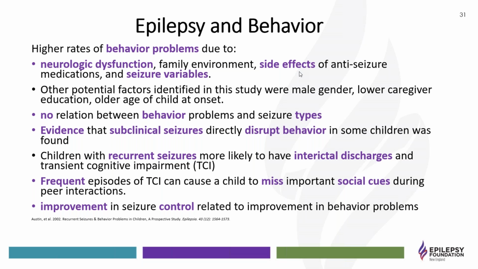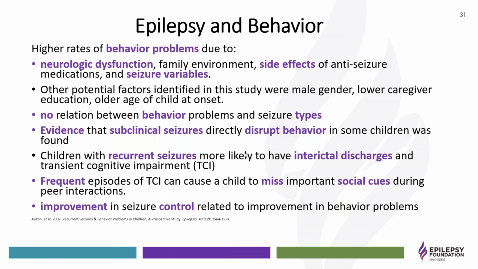So they're called subclinical because they're not presenting in the body outwardly, but the brain is still not at a baseline. It's not optimal at all. And this has a huge impact, not only on behavior, but as you can imagine, on learning as well. So you want to pay attention if your neurologist says, geez, I'm seeing some subclinical activity, and ask them to explain that and how we can proactively help the child if they're experiencing these.